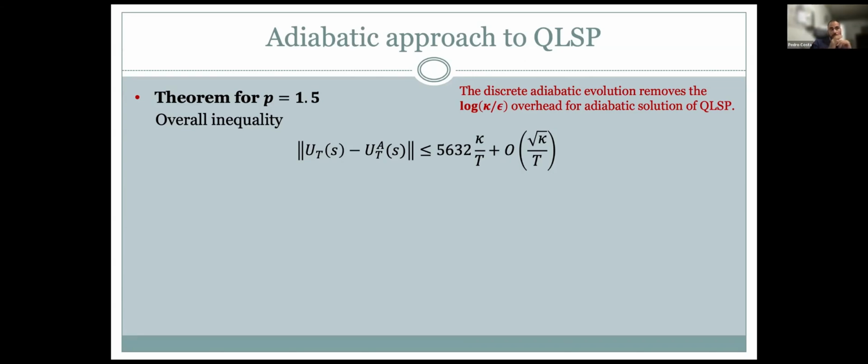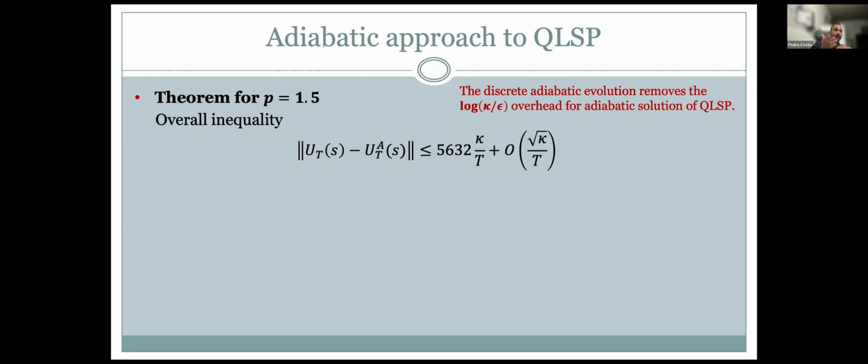The nice thing is that this allows us to show that the dependence of the problem is linear in kappa. So if you have some fixed error for our approximate solution, on the left side you see that the number of steps increases linearly with the condition number.